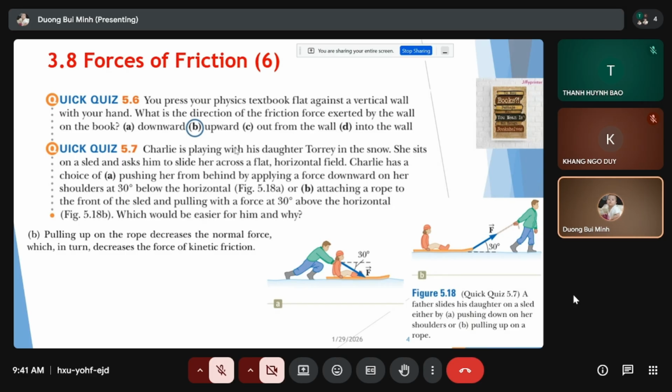For example, here we have case A. We have F like this. If we choose the xy coordinate, this one is x, this one is y, so you can get this one is Fx and this one is Fy. We also have mg and the normal force, and this one is Fs or Fk.